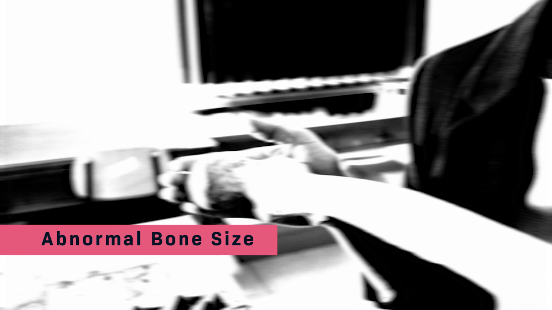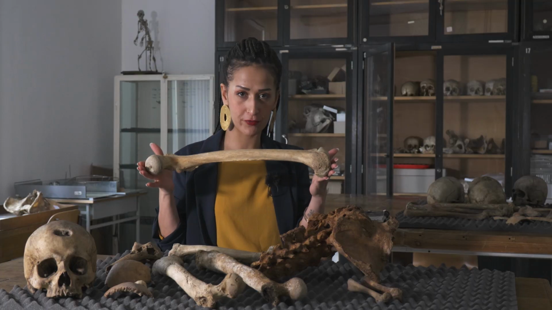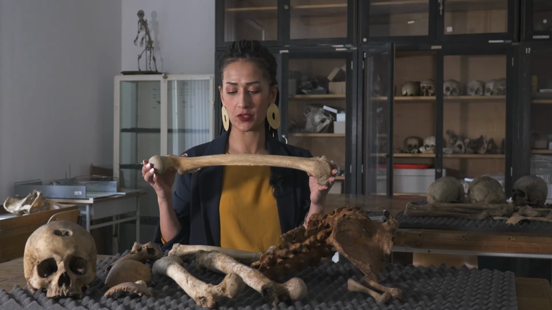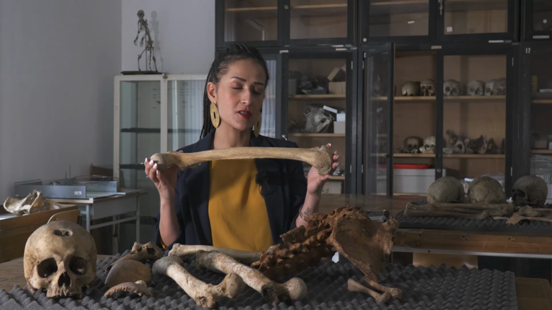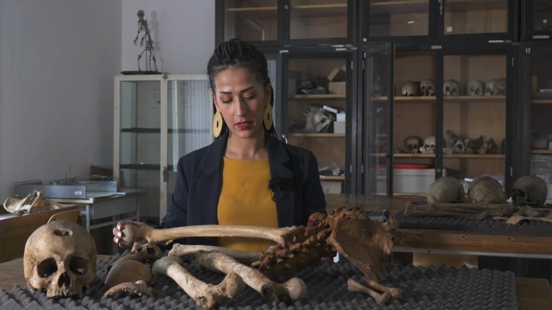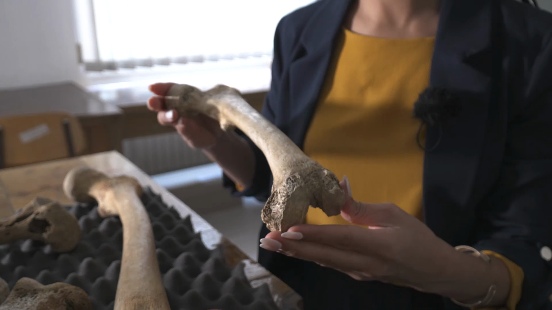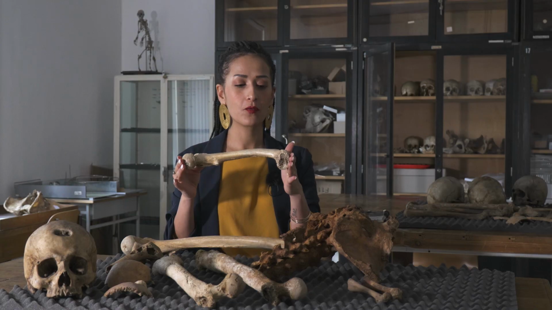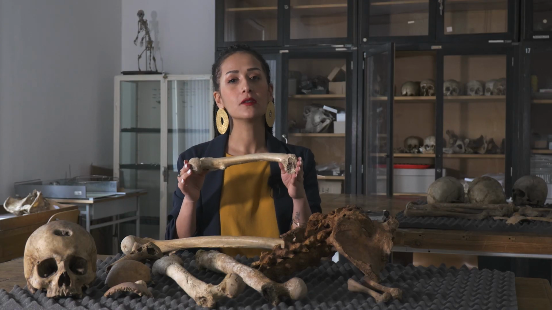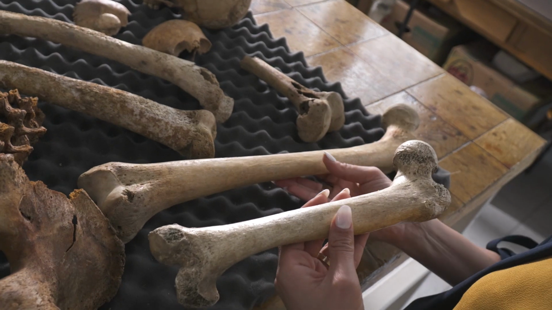The first one, as I said, is the bone size. This is a normal femur, let's say, which means without any suspicious lesions. And this is also an adult femur, for an individual of the same age as this one.